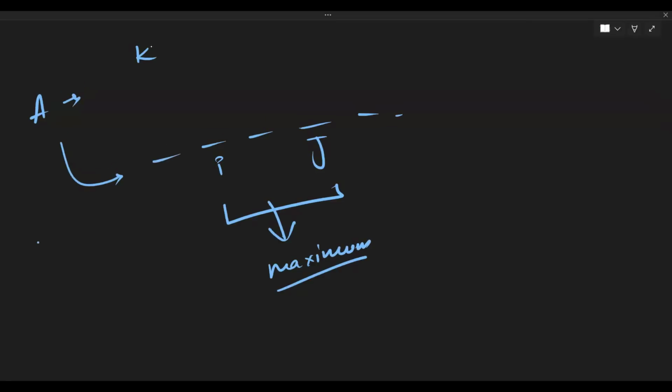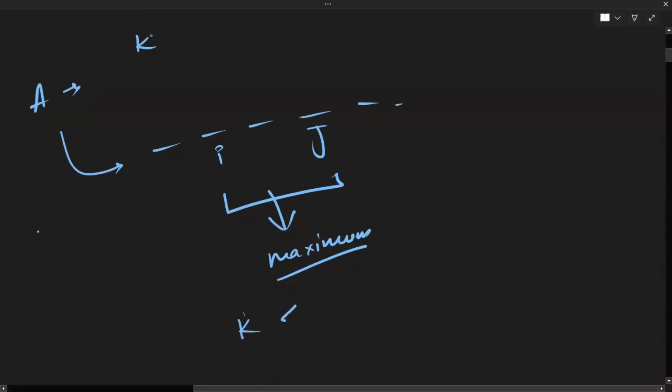And if Alice's k is strictly less than this maximum, then Alice wins, otherwise Bob wins.